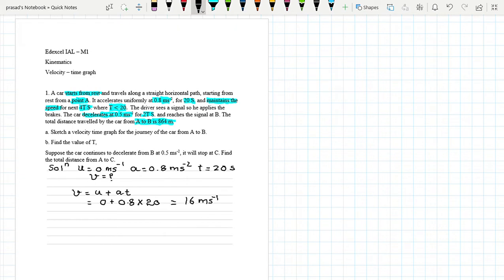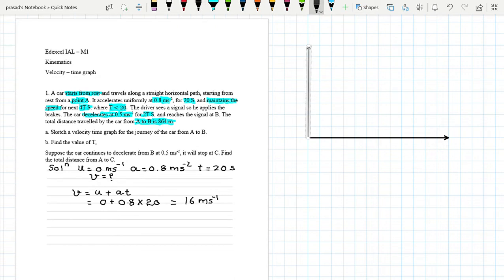So let us now sketch the velocity time graph. So this is the time axis here. This is the velocity axis, the y-axis on which we will show the velocity. So let us mark on this graph.